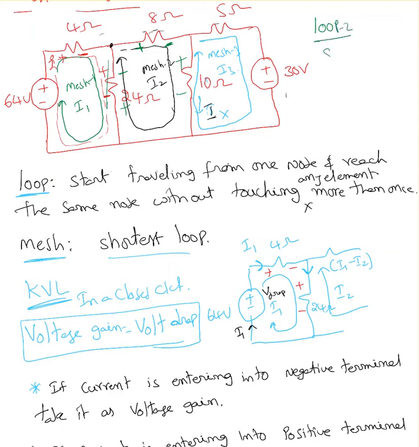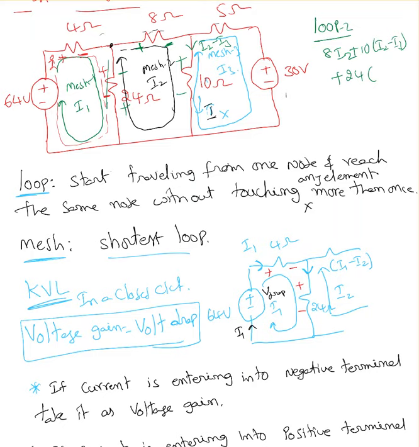So it's 8I2, I'm entering the positive terminal, so positive 8I2. Plus, when it comes to the 10 ohm resistor, what is the current passing through this? I2 is coming down and I3 is going up, so I can say I2 minus I3 is coming down. So plus 10 times (I2 minus I3). Plus, I'm entering the positive terminal, so that's a drop, 24 times.